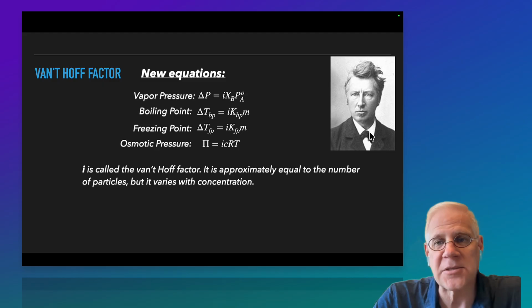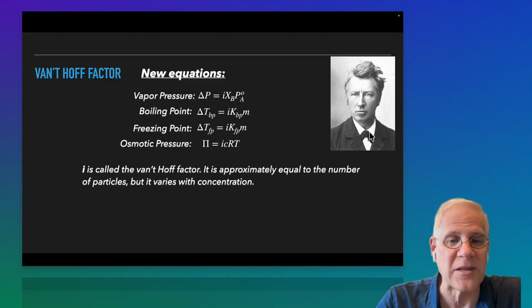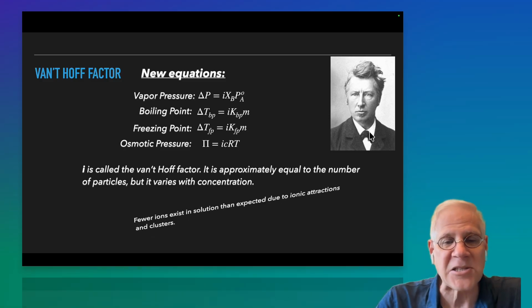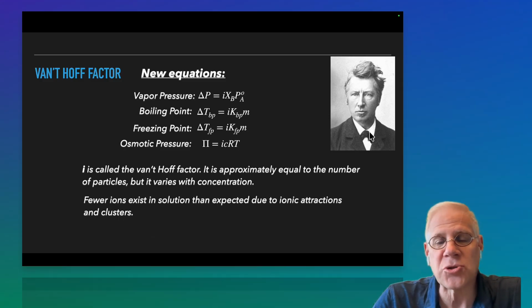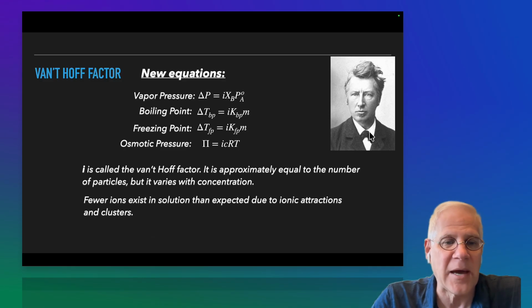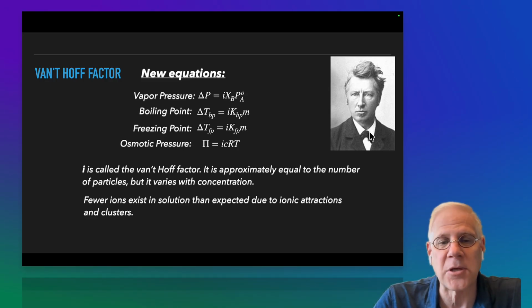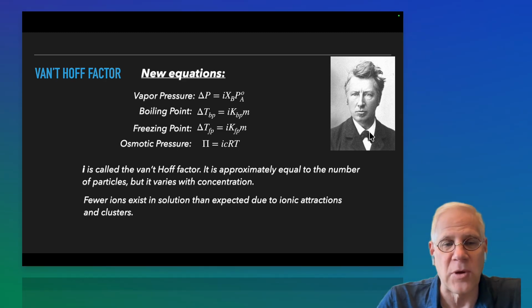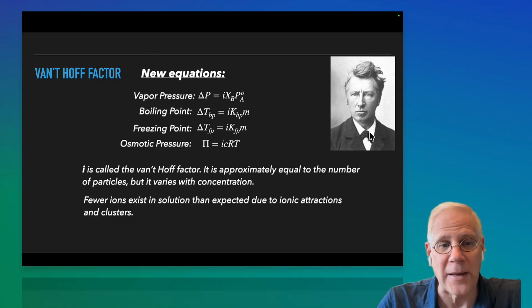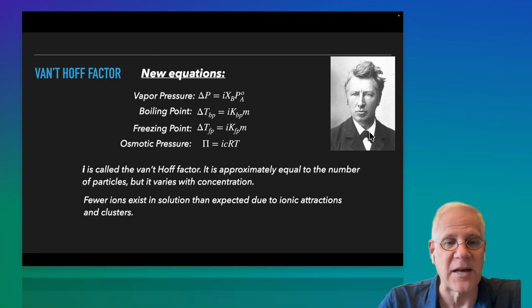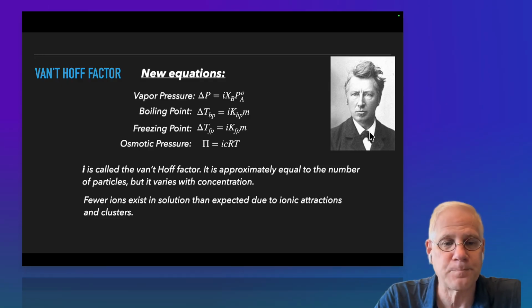As things get more concentrated, the particles can stick back together, and so you start forming these little conglomerates, and the actual i value is usually a little bit less than what you might expect. So if you have a fairly concentrated sodium chloride solution, perhaps your i value may not be 2. It may be as low as like 1.7 or 1.6, simply because you have some sodium chloride clusters forming inside of that solution, and all of the ions are not necessarily separated from each other.